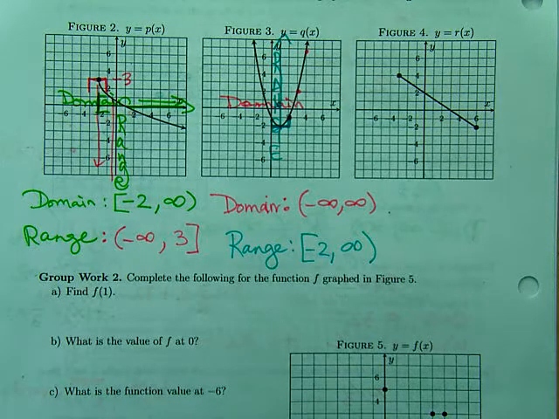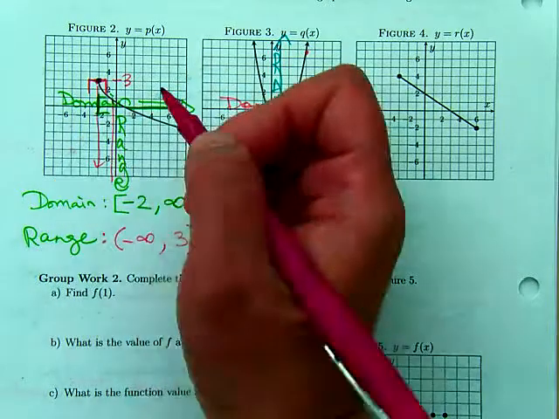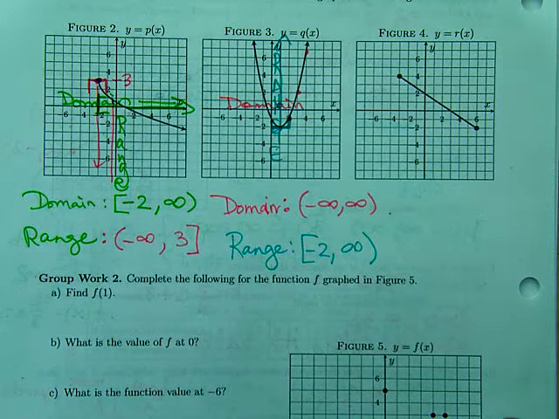Okay? If it's included, meaning if it's not included, it would have an open circle. Remember that from Math 60, the open circle? Yes. So because this number is a filled-in circle, it means the number is included in the function.